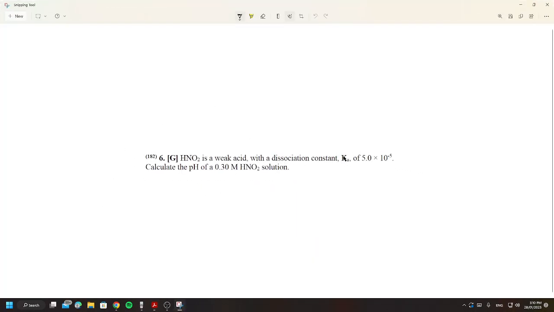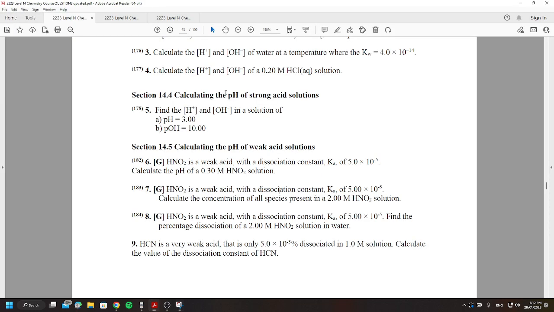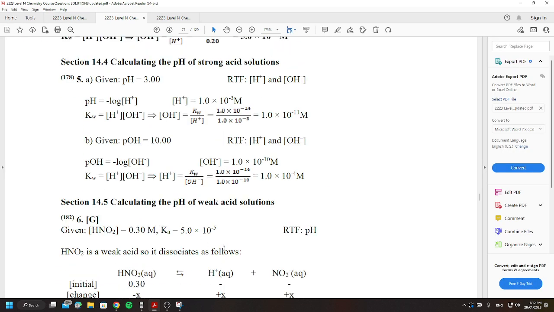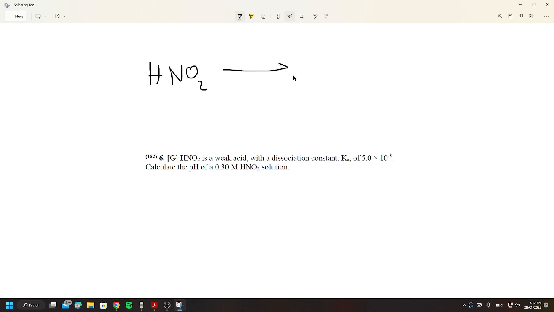So let's just write down the reaction. HNO2, I believe, is with water. Oh no, just dissociation. Okay, to give H plus and NO2 minus. So we know H plus initially, so ICE. So initially it's 0.3.